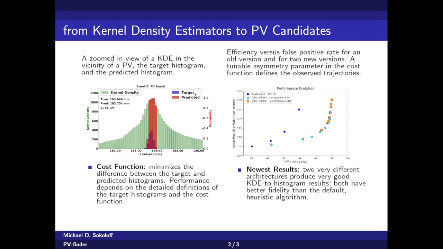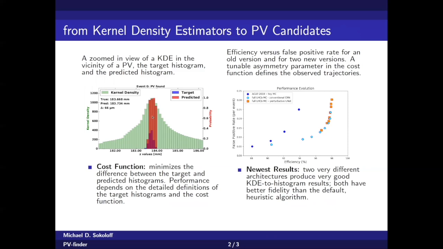During training, we know where the real primary vertices are located, so we build what we call a target histogram, which is a Gaussian distribution around the true position. The goal is to predict the orange histogram at the same location. Then from the predicted histograms, we will be able to extract the existence and locations of the primary vertices.